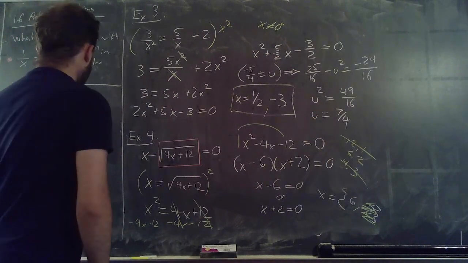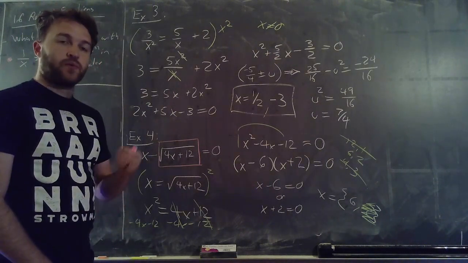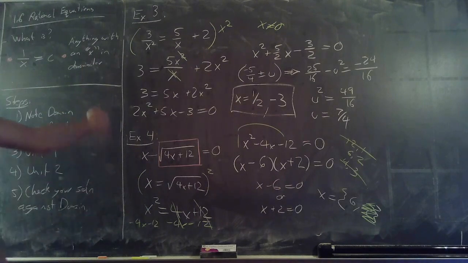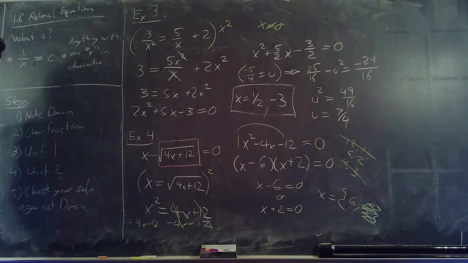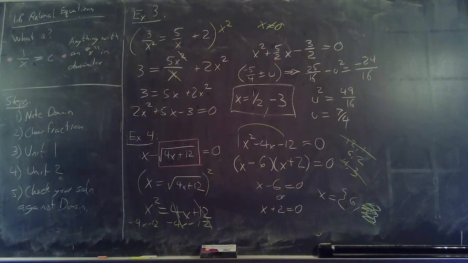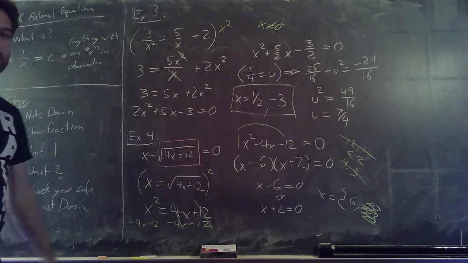And as we get a little bit further into these, we will start actually doing something that's very similar to these steps that I have written over here. We'll note the domain. Instead of clearing the fraction, we'll clear the radical, and then we'll use Unit 1 or Unit 2 skills in order to come up with it and check our solution against the domain.